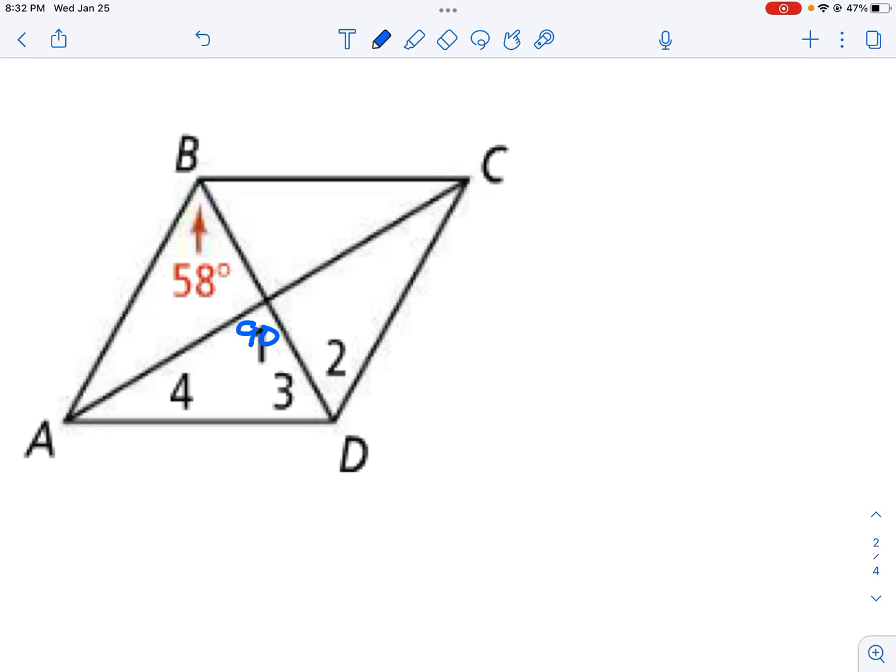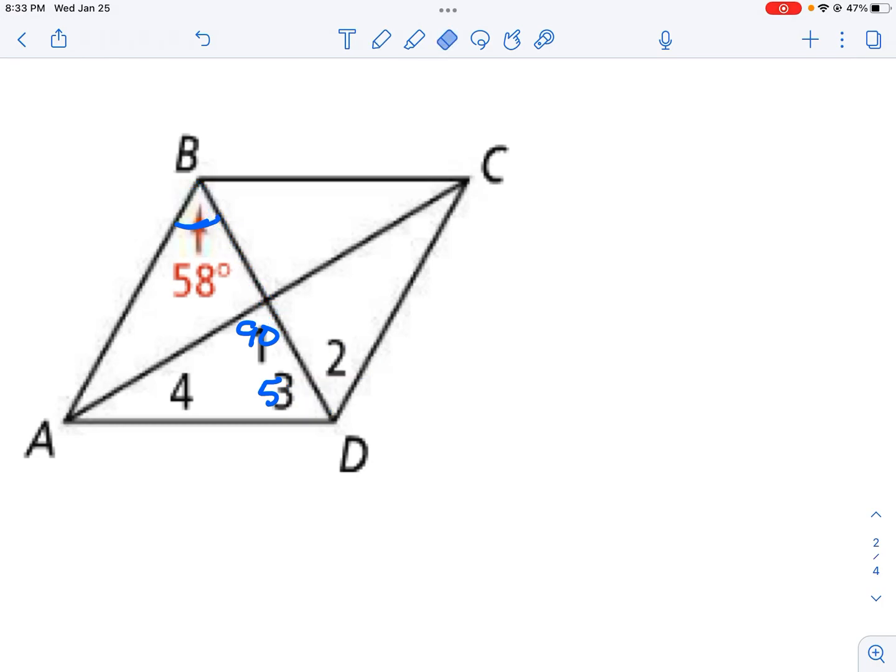Now a rhombus is a parallelogram, which means that angle ABC and angle CDA are congruent because opposite angles in a parallelogram are congruent. Which tells me if this angle is 58, then angle 3 is also 58. And if you recall, diagonals bisect the angle. So if angle 3 is 58 degrees, then angle 2 is also 58 degrees.